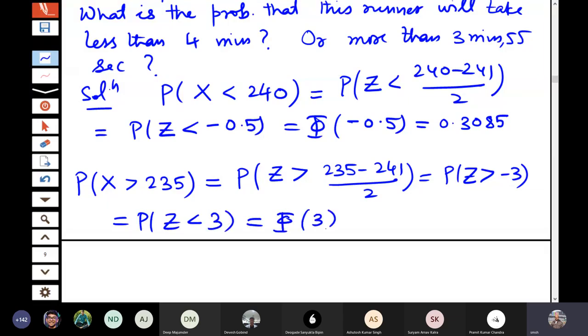Phi of 3, which I just wrote, was 0.9987. So there is a more than 99% chance that he will take more than 3 minutes 55 seconds to complete the race.